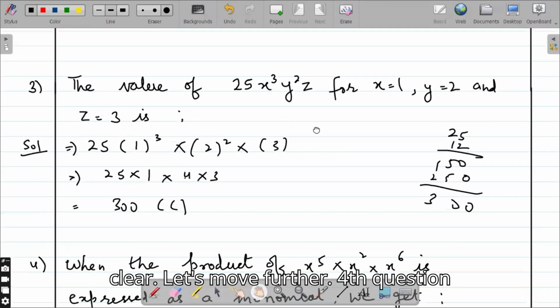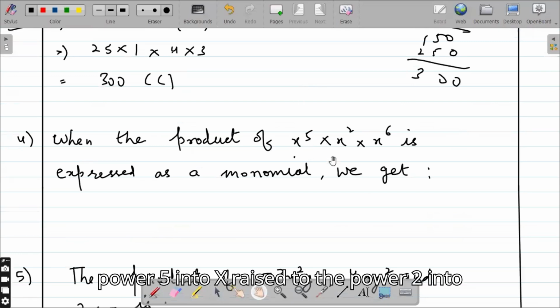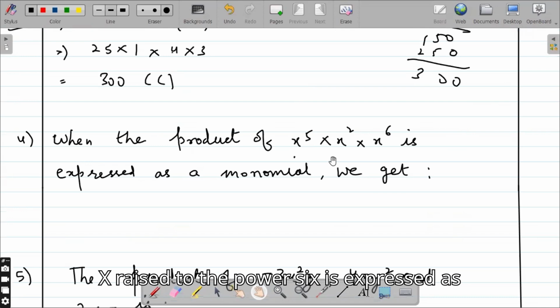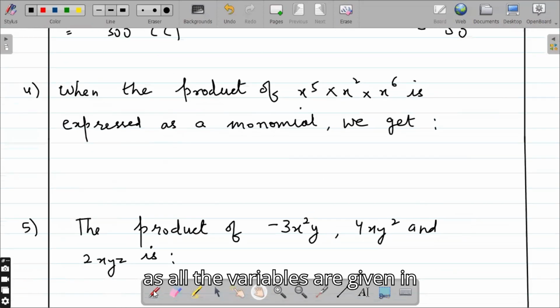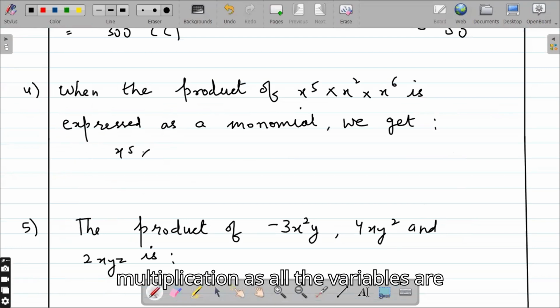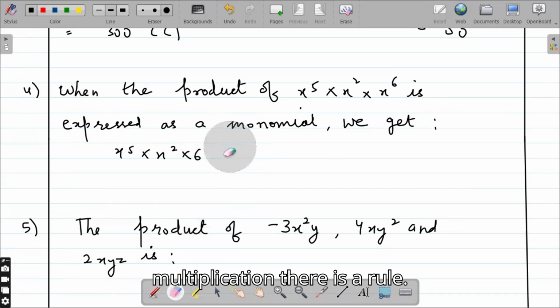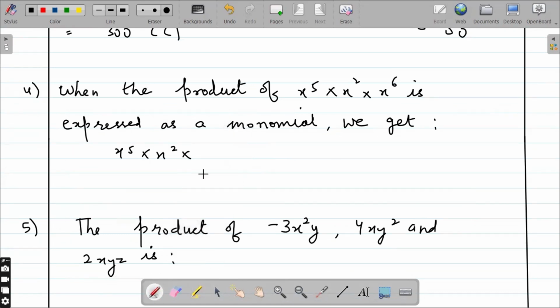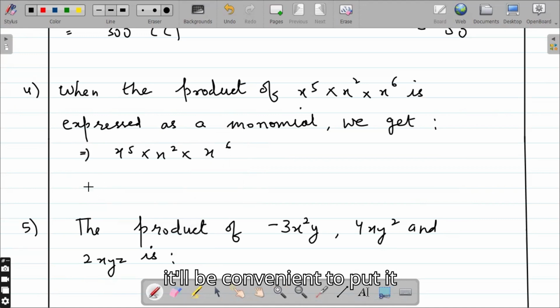Let's move further. Fourth question is, when the product of x raised to the power 5 into x raised to the power 2 into x raised to the power 6 is expressed as a monomial, we get how to do it? As all the variables are given in multiplication, there is a rule. Try to learn all the rules so that it will be convenient to put it in your calculations.